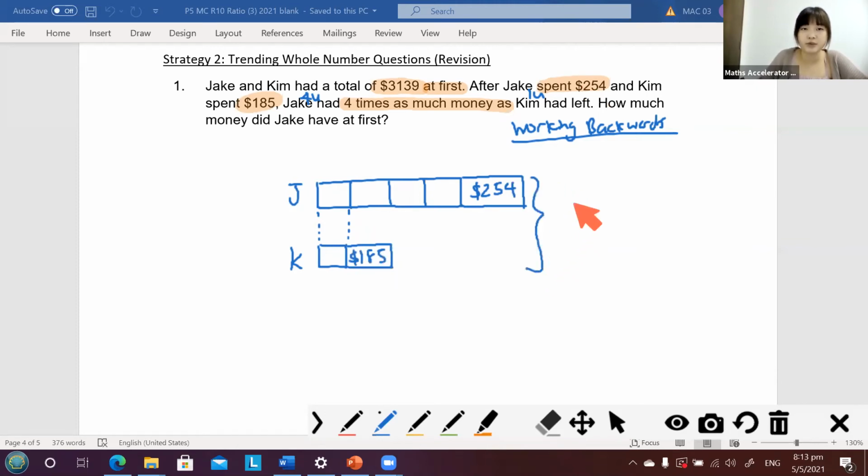Only then you can label this as 3139. Now it's correct. Okay, we're working backwards. So take note, this is at first, just now our model. Okay, we must add in whatever was spent to go back to the start. So now, okay, things will get easier already. You have 2 extra numbers here. Okay, we're looking for the equal units here. 1, 2, 3, 4, 5 units.